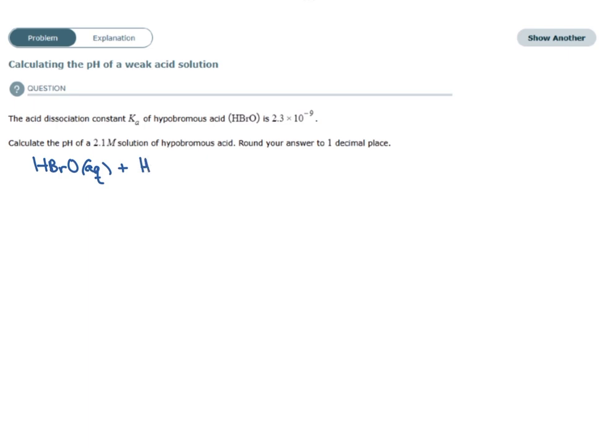When we dissolve our weak acid in water, it would dissociate to H3O+ and hypobromite. And they gave us the Ka value. Once I make sure my equation is balanced, I go ahead and set up an ICE table.